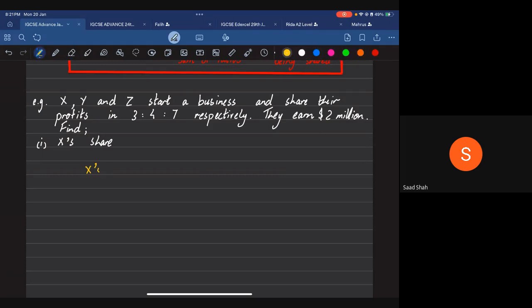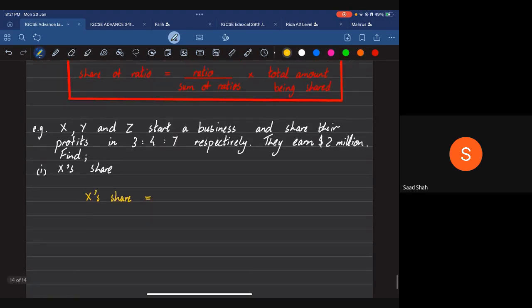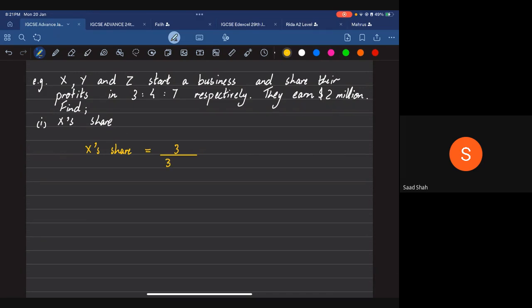Okay, now let's see. The question I gave you was that if you're trying to find a single share from a given ratio and sum of ratios, you're going to utilize this formula. Let's just say that I want to find x's share. It is going to be ratio over sum of ratios. So x's ratio is 3, over the sum of the ratios, which is 3 plus 4 plus 7, and you multiply it with the amount you're trying to compare it in, so 2 million.